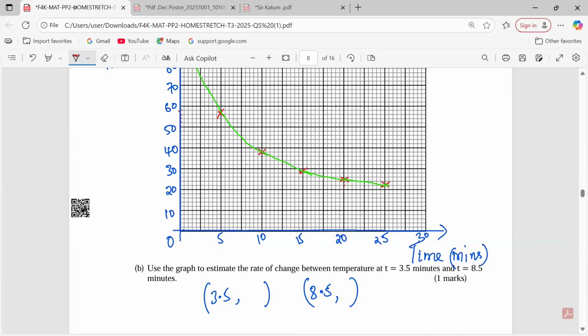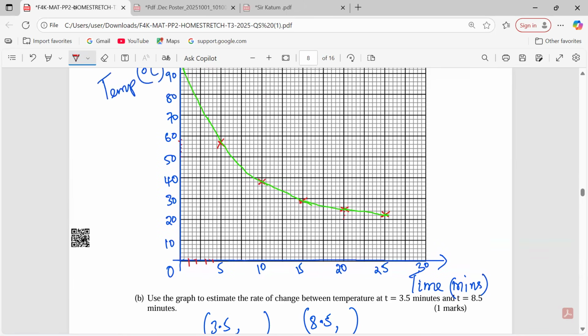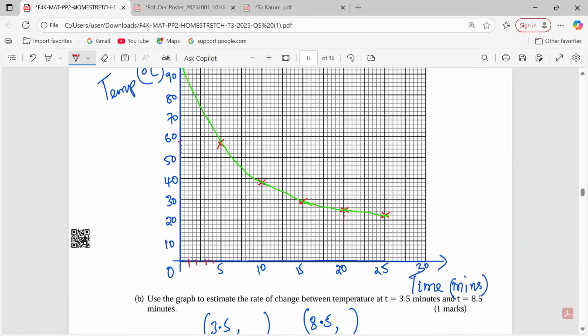At 3.5, this is 0, this is 1, 2, 3, 4, 5. So 3.5 will be identified just after 3 and before 4. You can check the temperature there, which is according to me 68.